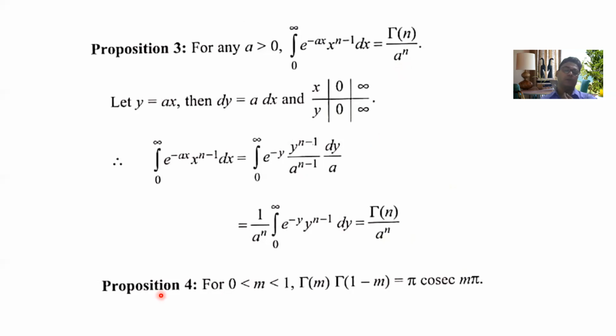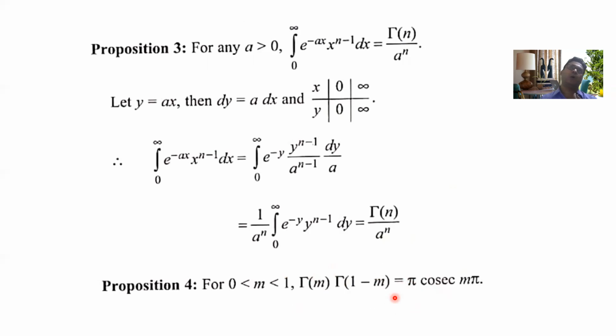Number 4. So here in gamma there are only four properties you have. For 0 less than m less than 1, gamma m into gamma 1 minus m is equal to pi cosec m pi. So I will give you some examples for your better understanding, especially the application of these properties.